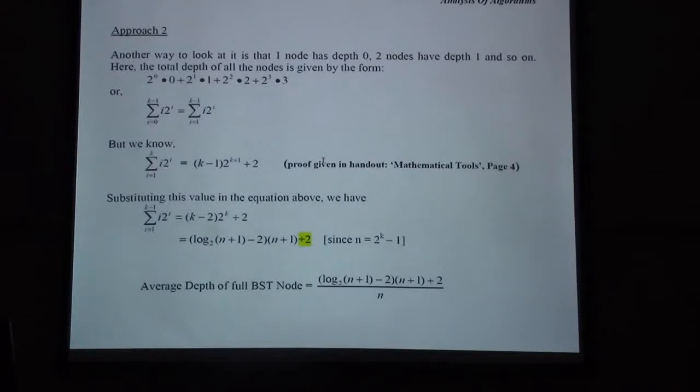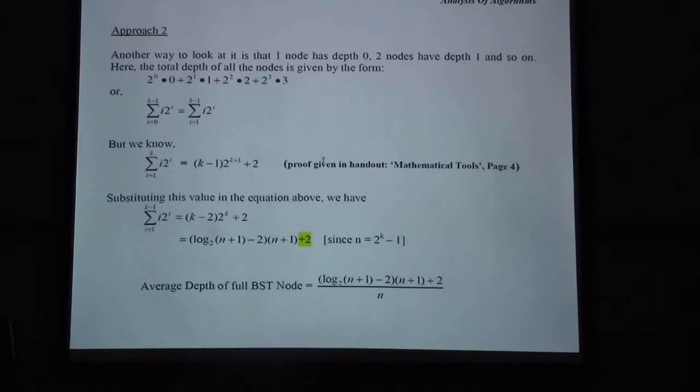Does that make sense? So as i goes from 0 to k minus 1, i 2 to the i. Now, I'm recognizing the fact that when i is equal to 0, this is 0 times 1, which is 0. So therefore, the summation from 0 to k minus 1 of this is equal to the summation from 1 to k minus 1 of the same thing.